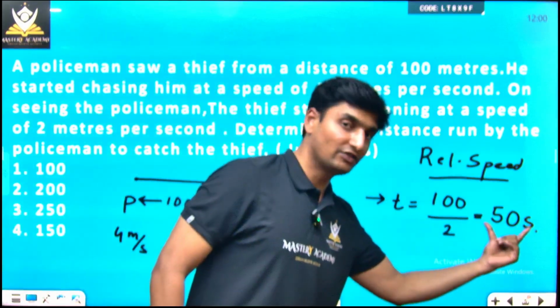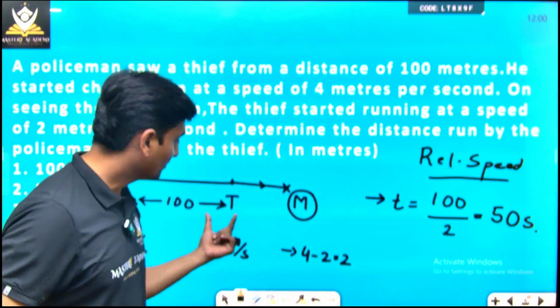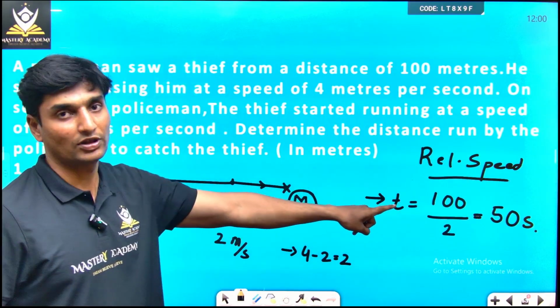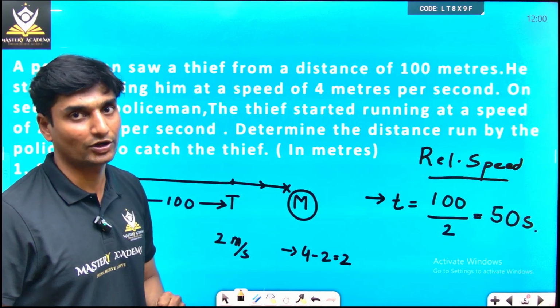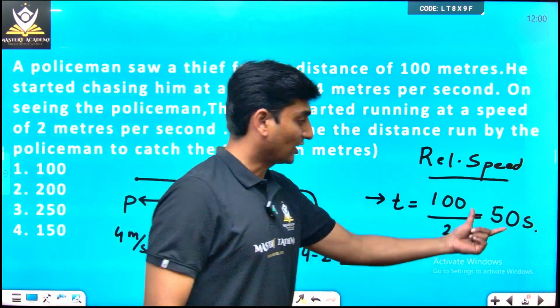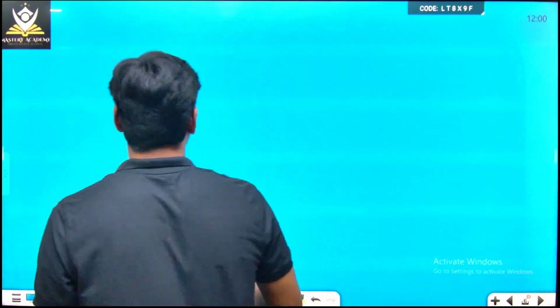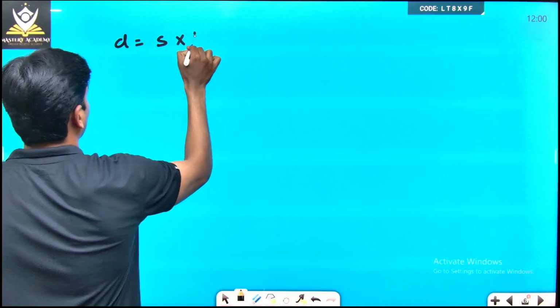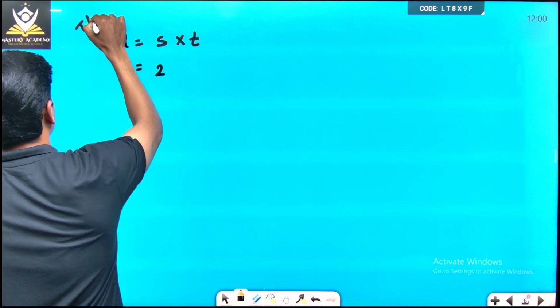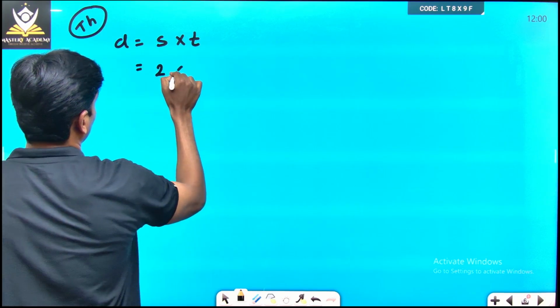So in 50 seconds, how much distance did the thief cover? That is what we have to find out. For that, the speed of the thief has been given, the time has been given, and distance is what we need to find. Distance is speed into time, the normal formula. The speed of the thief is given as 2.